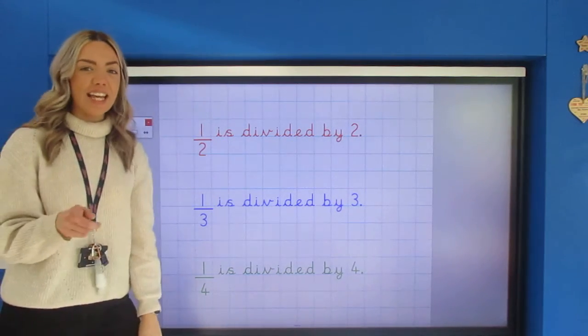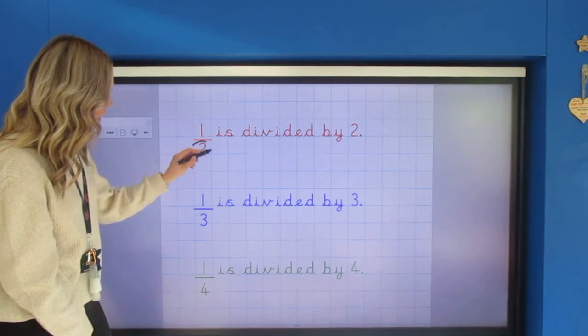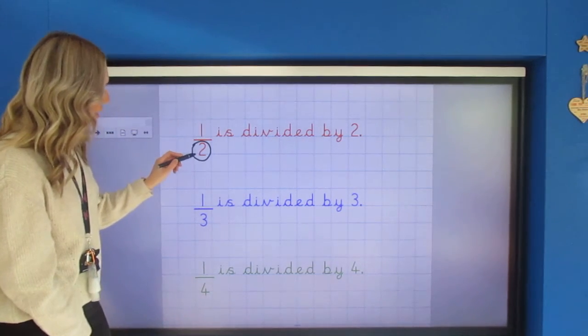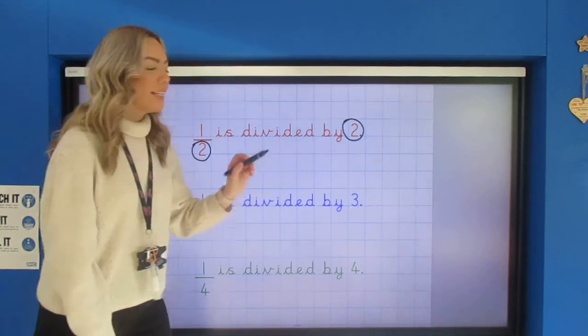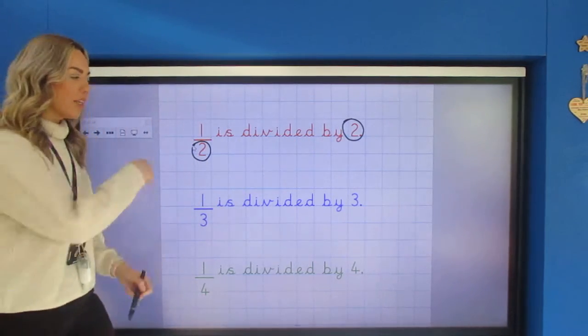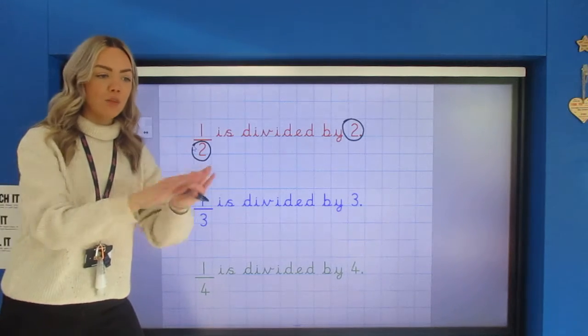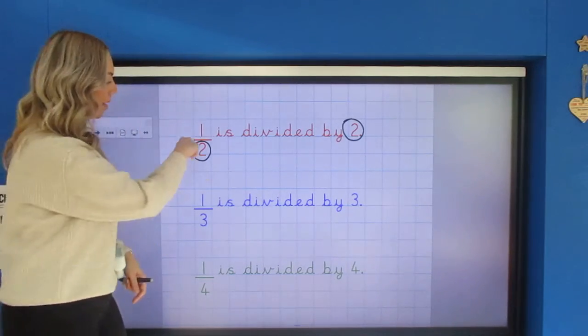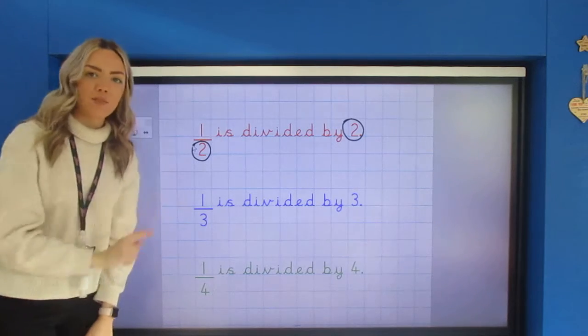And the key, the little trick which you can look at is here. This number tells us how many we need to share it by, because it tells us how many equal parts we need to make sure that we have. Okay? Let's have a look at the next fraction.